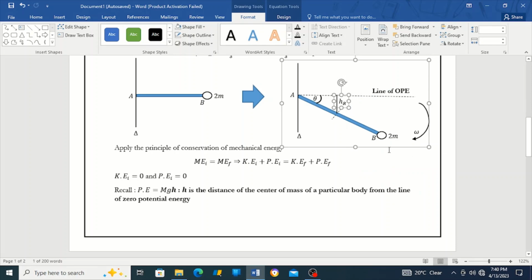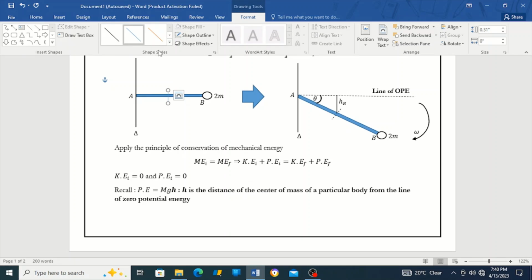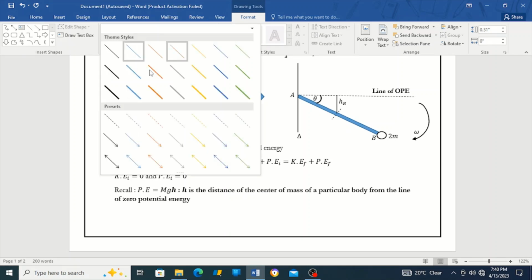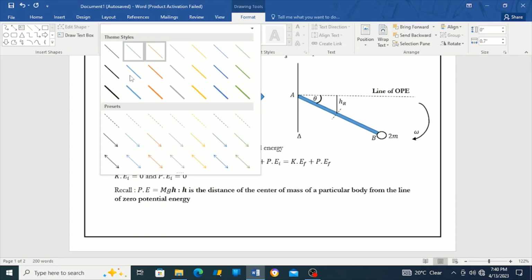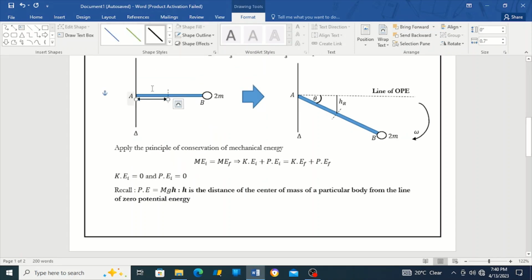Now how do we get that distance? We know that originally, this is the center of the rod, because the center of mass of this rod will lie at the center. Lying at the center, the distance from the axis to that center is simply the length of the rod divided by 2.